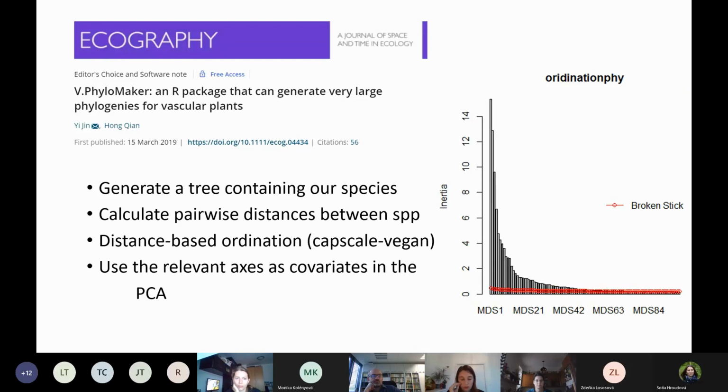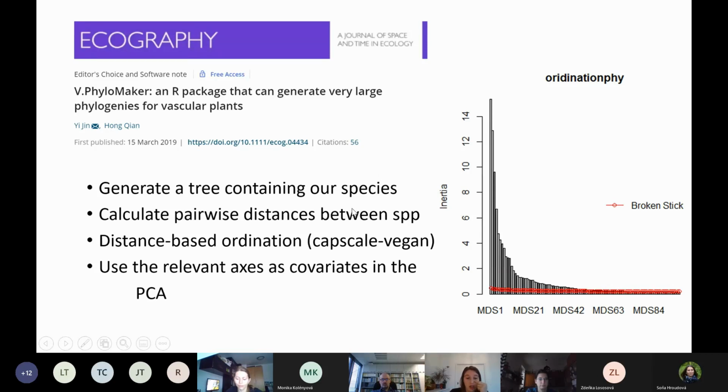The method I chose, because we were dealing with an ordination, was that we had to first build our tree for the species that we have. So we use phylomaker to produce a tree with distances between the species.